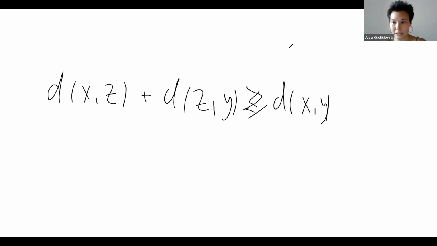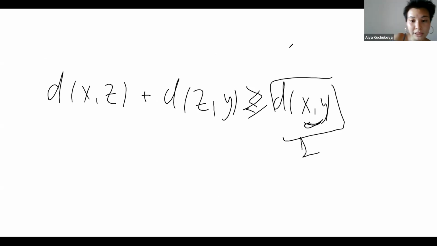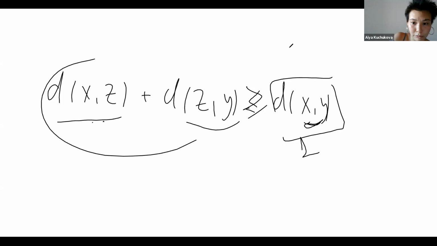Well, because basically what happens is this is just maximum 1, right? And then what happens is that if these are either 0 or 1, right? And if it's 1, we already win because this sum would be bigger than 1. And if it's 0, it means that x equals z.